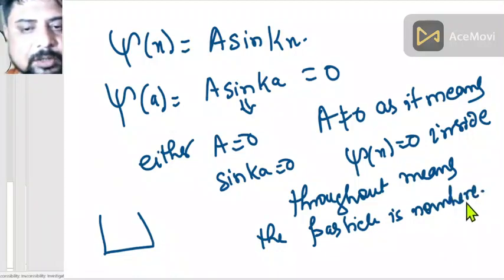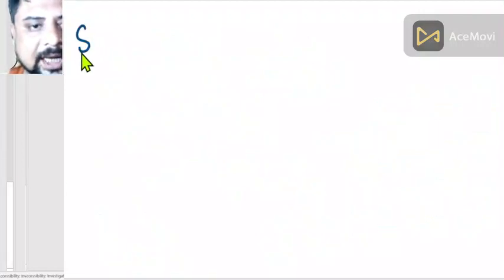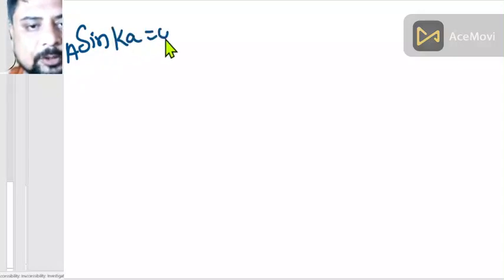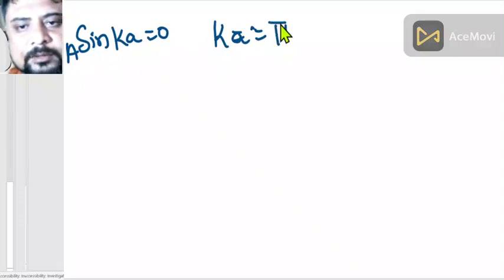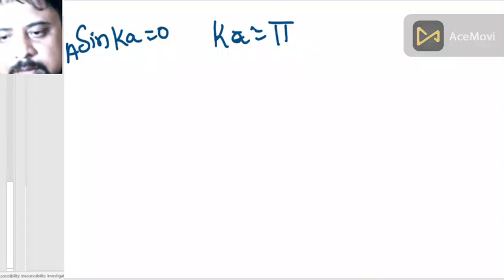If this is the region, everywhere psi x is 0, that means the particle is nowhere. This is contradictory. This is not acceptable, so this cannot be the solution.